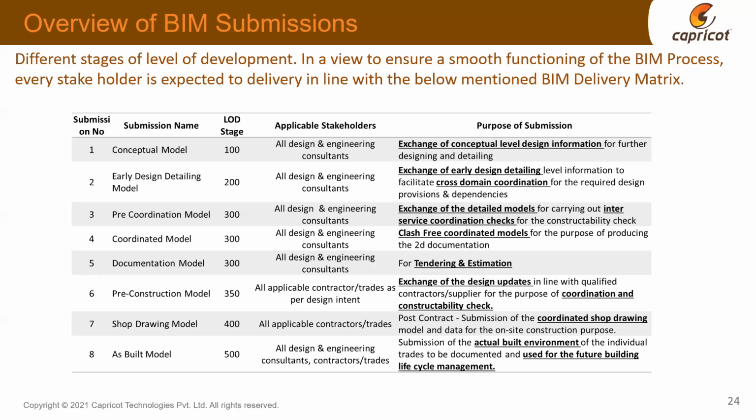Step 7 is the shop drawing stage. Once this constructability check is done and the drawings and documentation are updated, we move on to making the shop drawings based on the actual construction, the actual structure, and how a particular element will fit in.